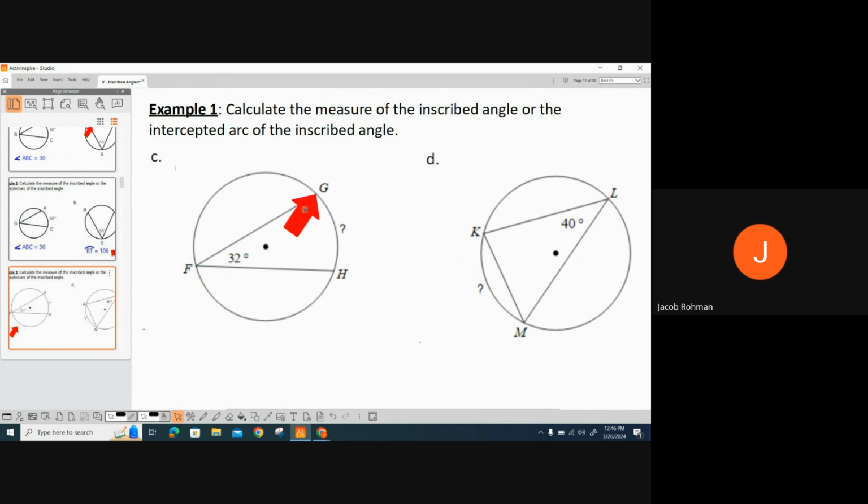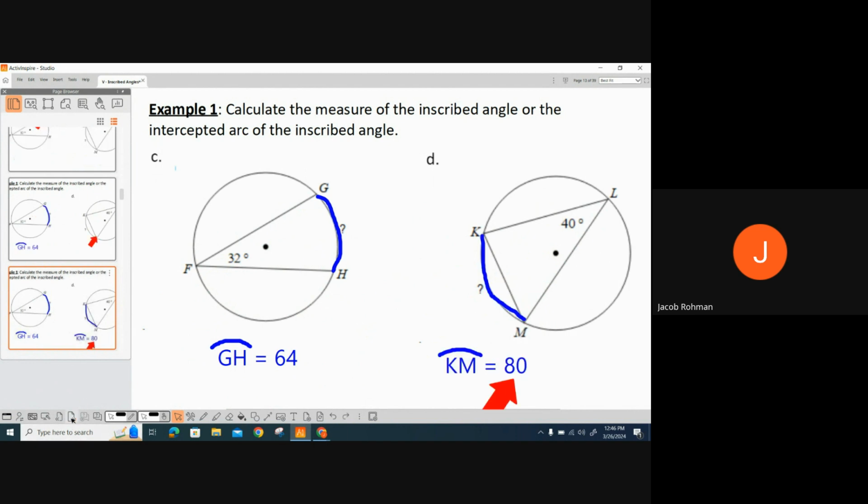That means that the intercepted arc GH is going to be double that, so it's going to be 64 degrees. And then in letter D, we see that angle KLM is 40 degrees. Therefore, the intercepted arc KM is going to be double that, which is 80 degrees.